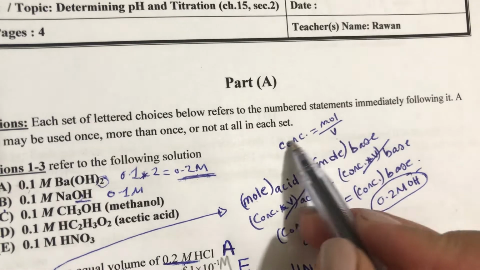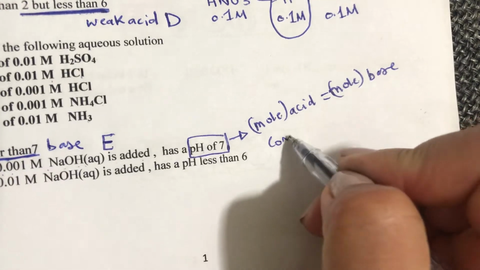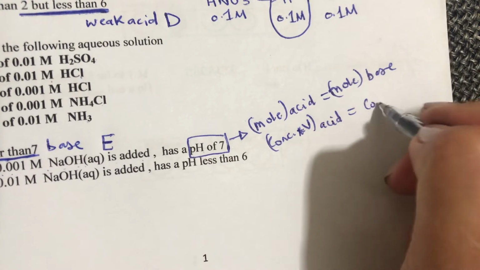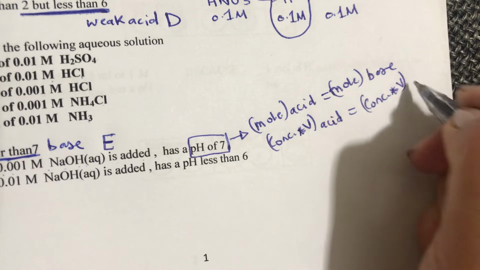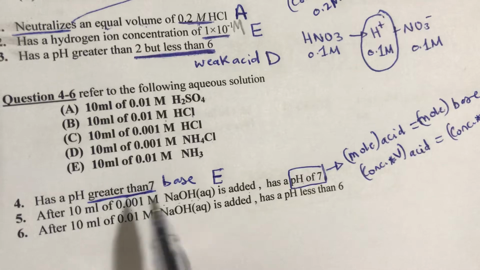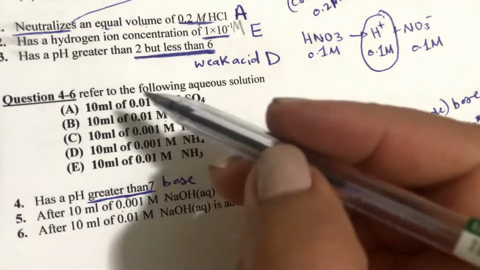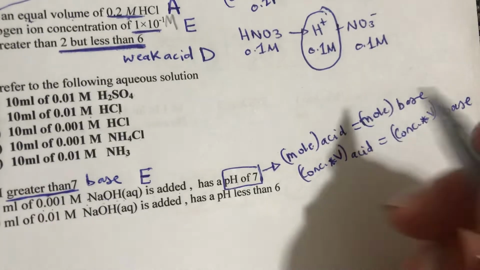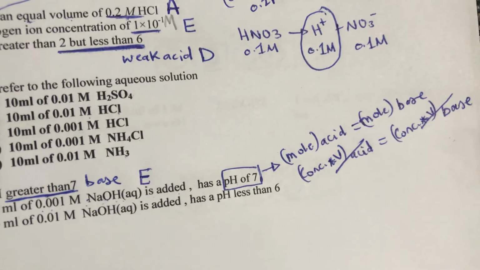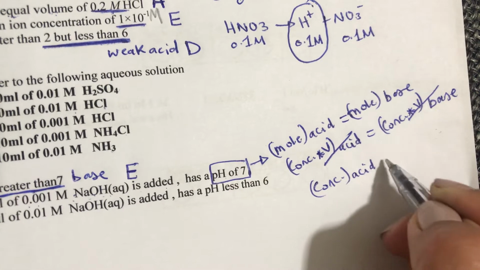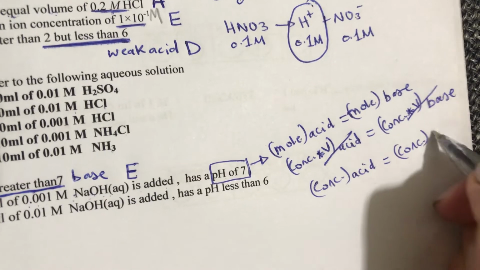So mole equals concentration times volume, so concentration times volume for acid equals concentration times volume for base. Here in the question 10 ml of the base, and all have 10 ml, so equal volume. So you can delete volume from the equation. So concentration of acid equals concentration of base.